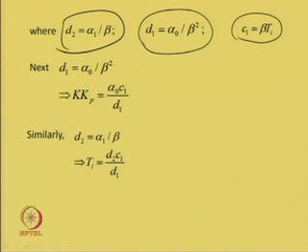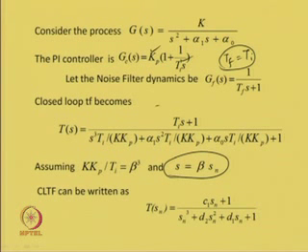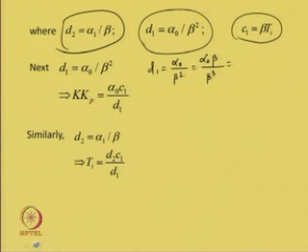Now, since d1 is equal to α0 upon β², it is the same as α0 β upon β³, and β³ is k Kp upon Ti. So, you can write α0 β Ti upon k Kp. Again β Ti is C1.